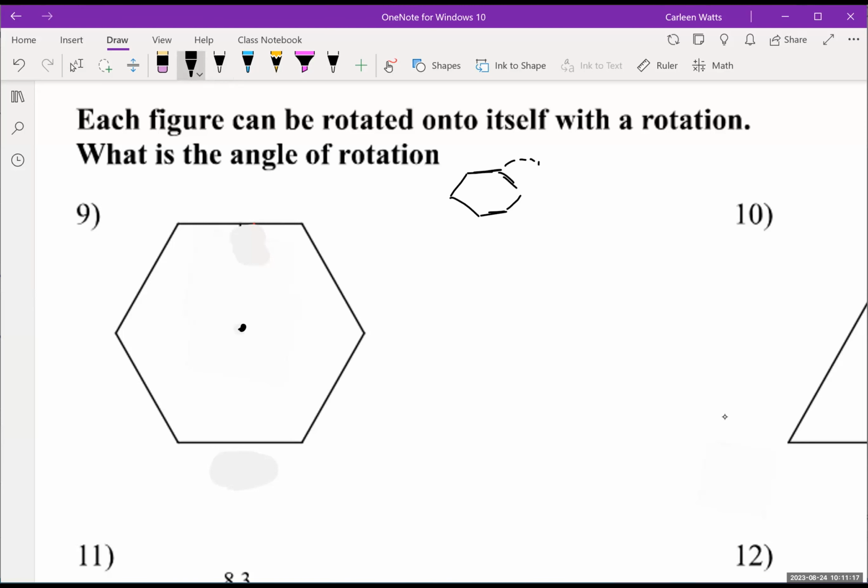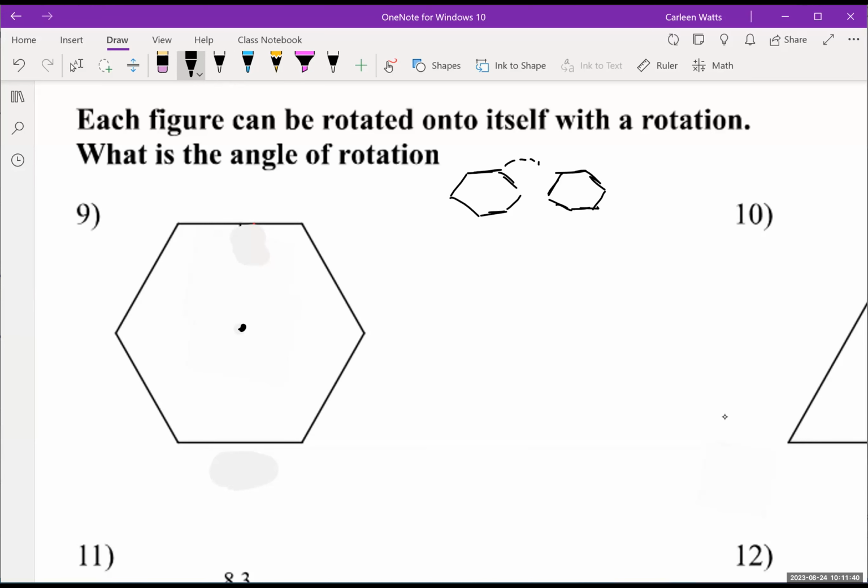If it rotates a certain number of degrees, it sits back and looks exactly like the original. So rotate it onto itself means I rotate it, and I'm a really good artist.